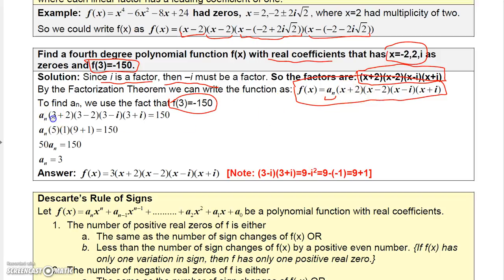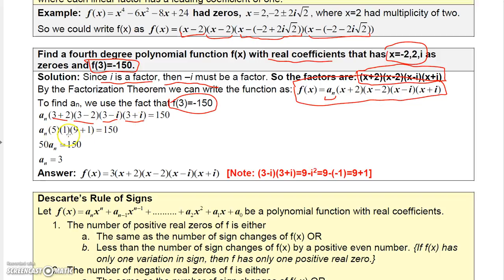So if I plug 3 in the first factor, I get 3 plus 2, and then the second factor I get 3 minus 2, and the third factor would give me 3 minus i, and the fourth factor would give me 3 plus i. Well, if I figure all this out, 3 plus 2 is 5, 3 minus 2 is 1. Now if you multiply 3 minus i times 3 plus i, you can do this on scratch paper if you want to. That's going to be 9 minus i squared, which is actually going to be the same as 9 plus 1.